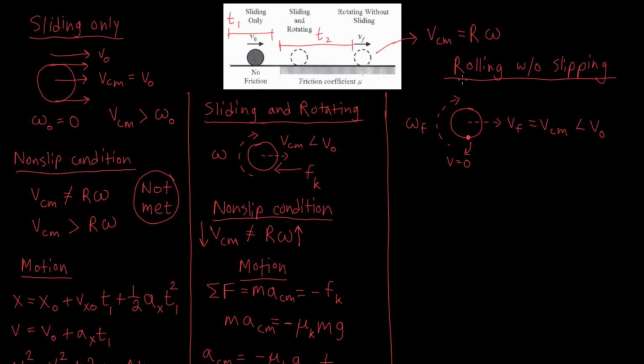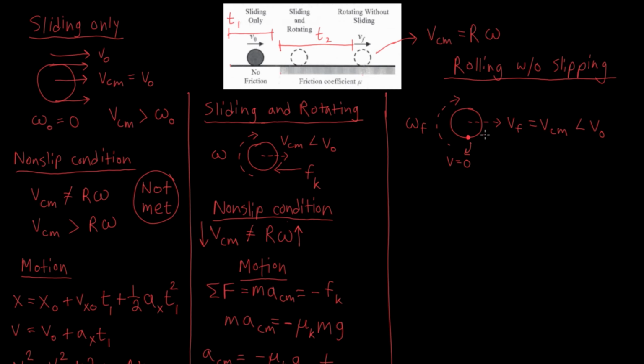But the velocity of other points on the object, like the velocity of the center of mass, still have actual values and are not 0. Like the velocity of the center of mass is still going to be less than the initial velocity v naught.